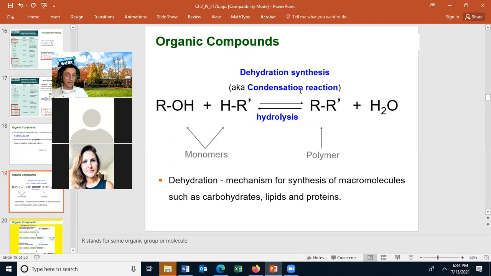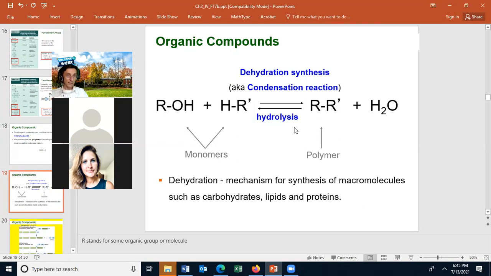The opposite is you can take the polymer, add water to it, break the bond here between the two R groups, break the water, and put part of the water on one R group, the hydrogen on this R group, and the OH of the water on this R group to make the two molecules. That we call hydrolysis, the breaking of a larger molecule by the addition of water.